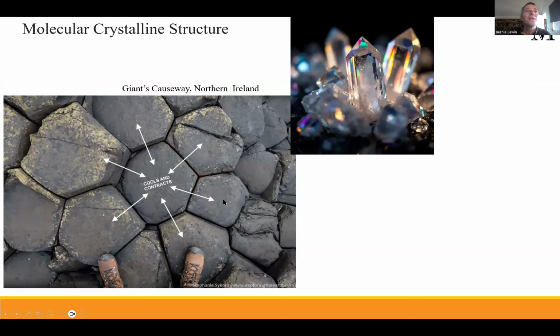Okay, so here's a close-up of the Giant's Causeway here in Northern Ireland, and what you get there is you get lava cooling very slowly, and because it cools very slowly, it expresses its structure, the structure in which it forms into a solid as it slowly cools.